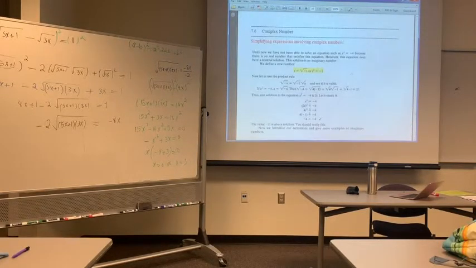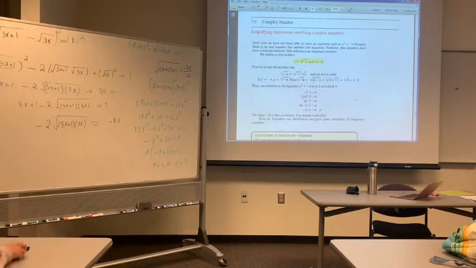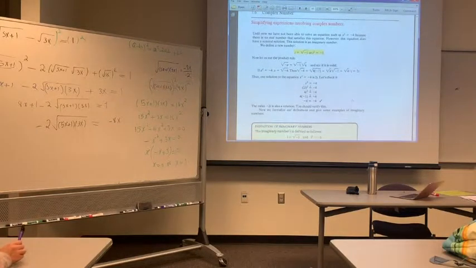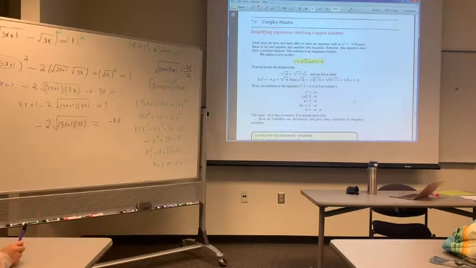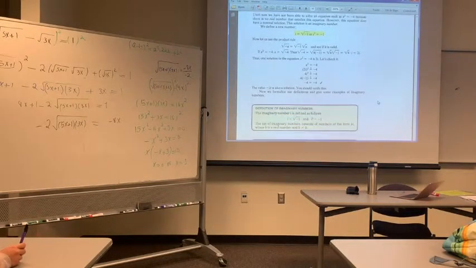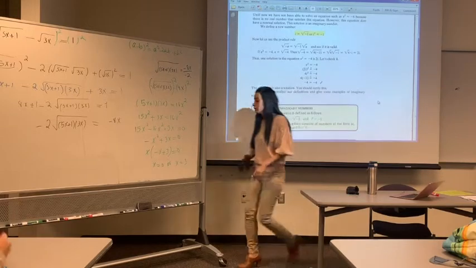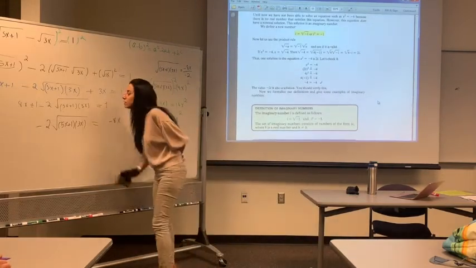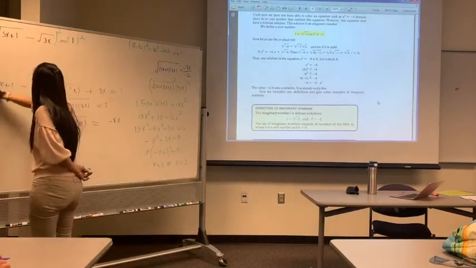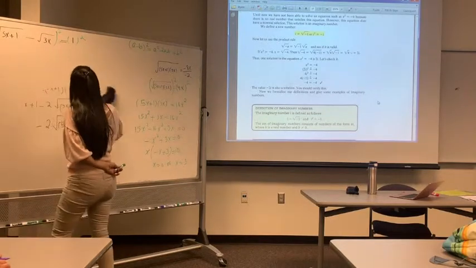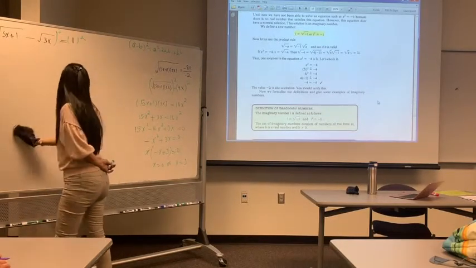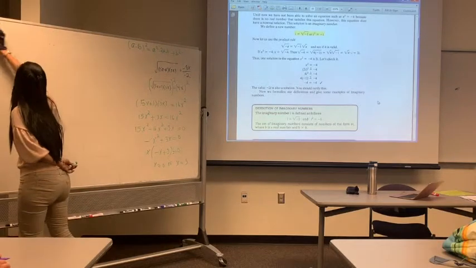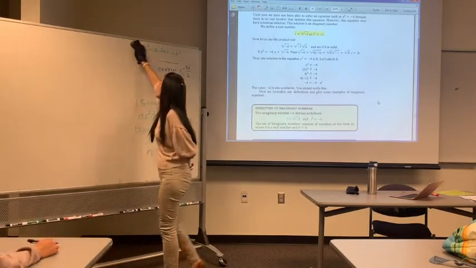So now imaginary numbers, complex numbers. Section 6, simplifying expressions involving complex numbers. So if you remember, if our radical has an index like 2, 4, even numbers, we couldn't have any negative number on the radical.